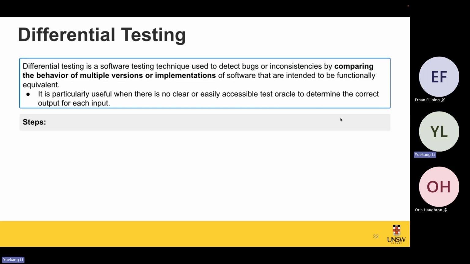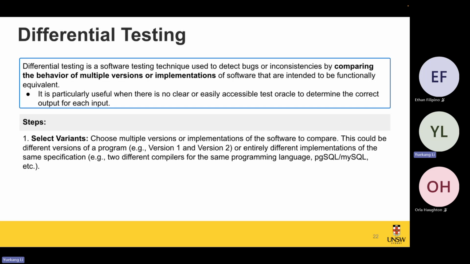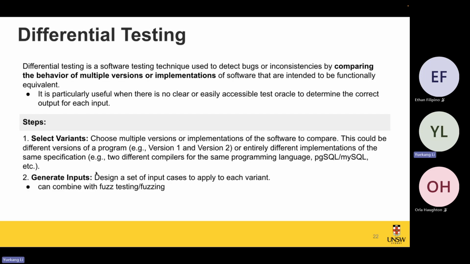Once we know that, the steps are kind of straightforward. The first step is we need to select some variants, some candidates for us to test against. We need to select multiple programs doing the same task. The second step is we need to generate some test inputs, and this could be done with random testing techniques like fuzz testing.